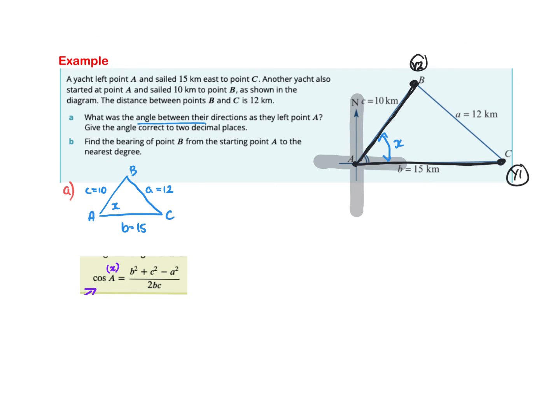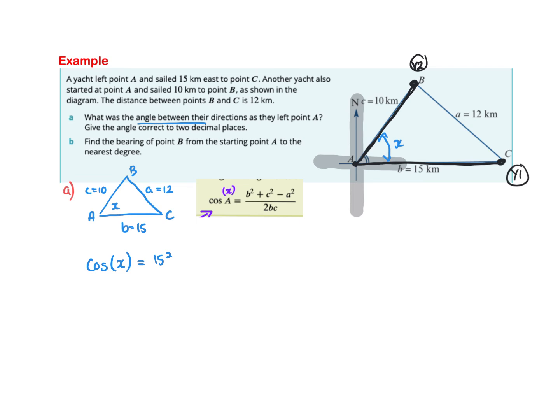So I'm going to use that angle A formula again. What we'll do is substitute in. I'm going to say cos x equals, and this time b is 15, so it's 15 squared plus 10 squared minus 12 squared over 2 times 15 times 10.